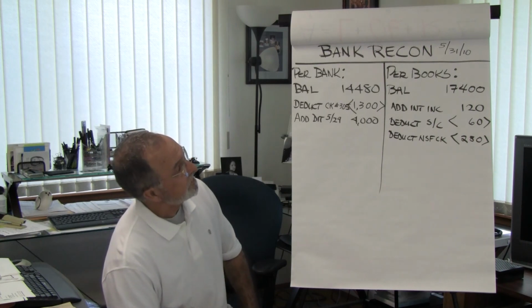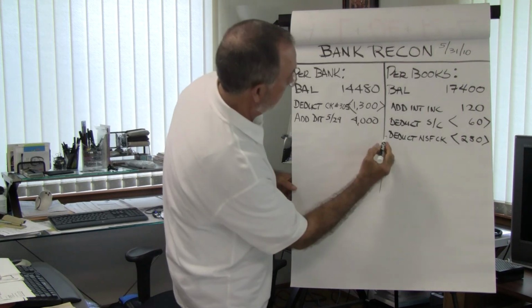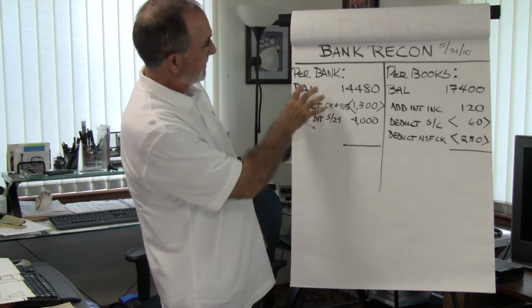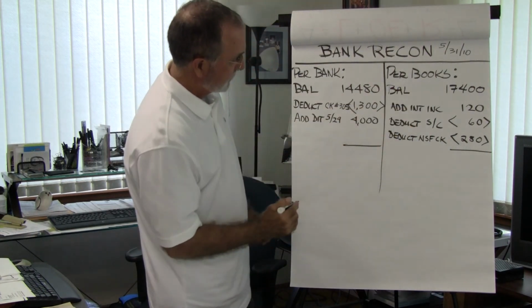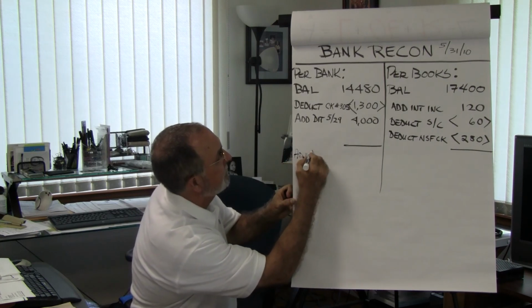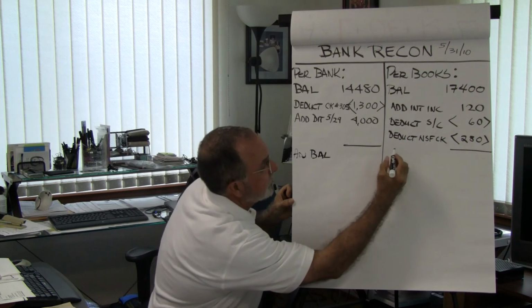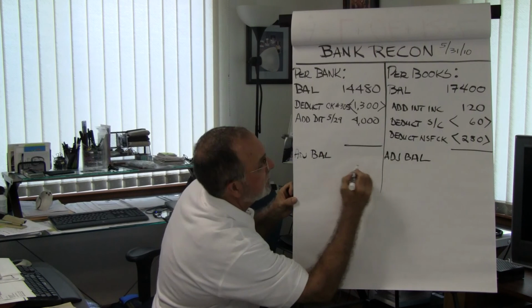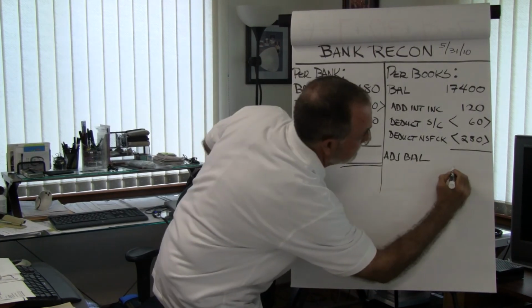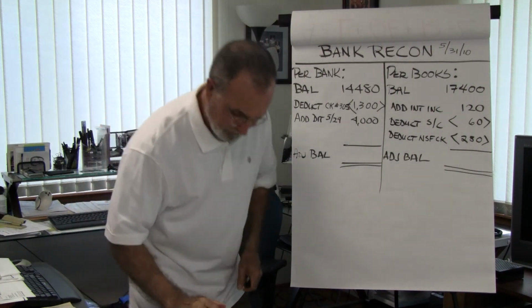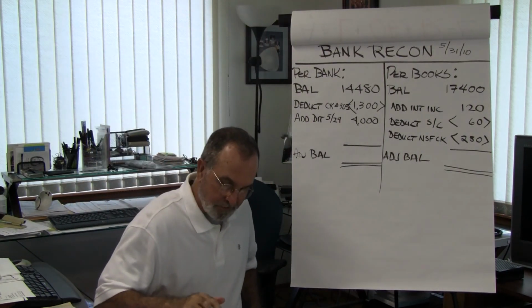And so these should be all of the reconciling items, and what we want to see when we add up both columns, the balance per bank and the balance per book, is an adjusted balance in both columns that is the same. And so let's do that.